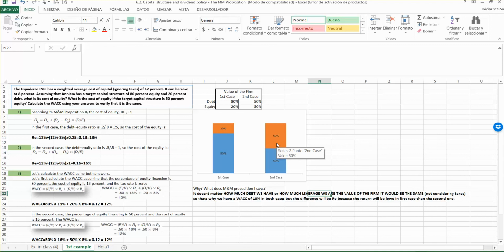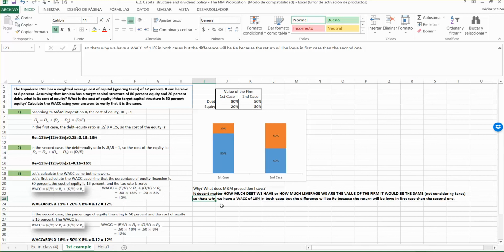There's going to be a little difference in proposition 2. It says something different, but we're going to resolve this example. In both cases we have a WACC of 12%.